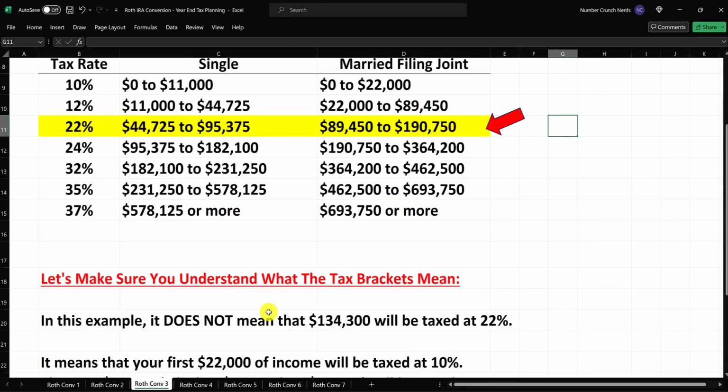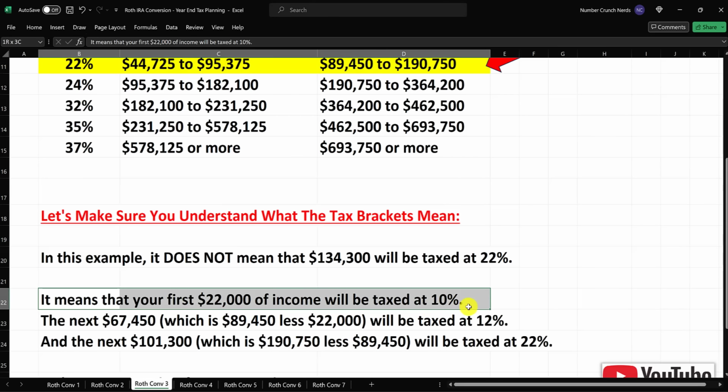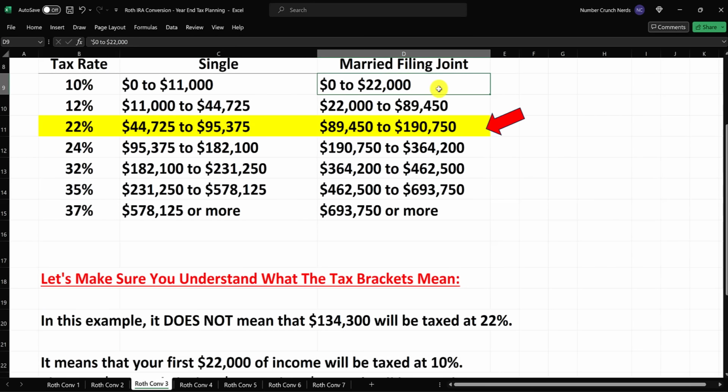So here's how it works. The first $22,000 of income for a married filing joint filer is going to be taxed at 10%. All taxpayers get the benefit of the lower rates. The first $22,000 of your taxable income, for everybody, will be taxed at 10%.